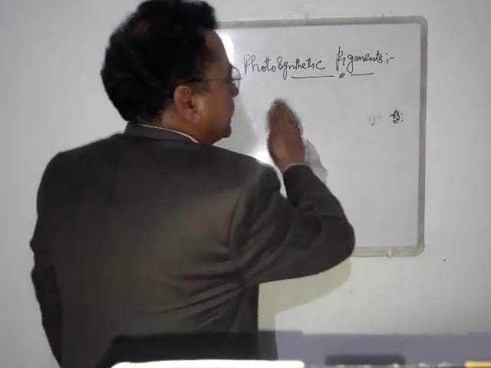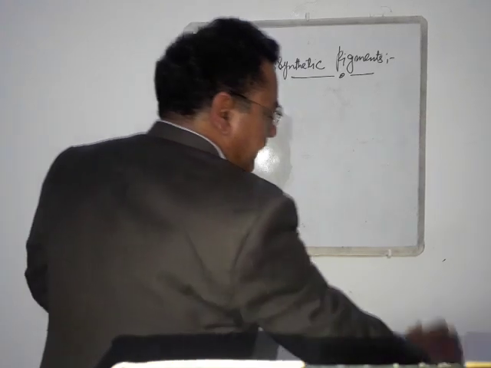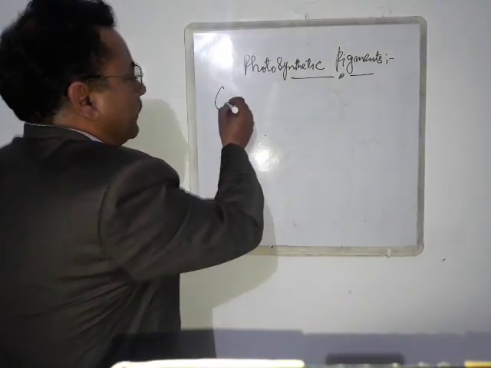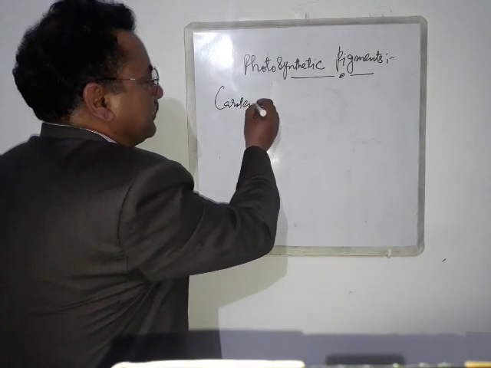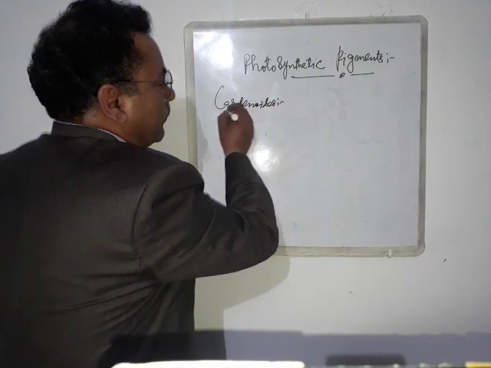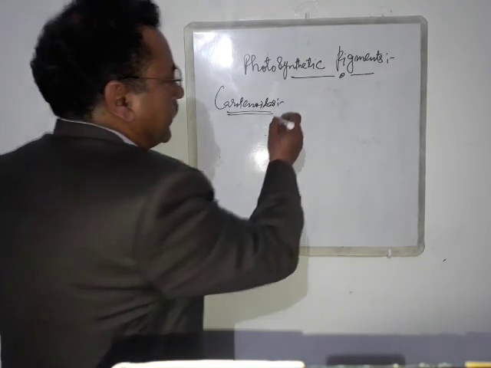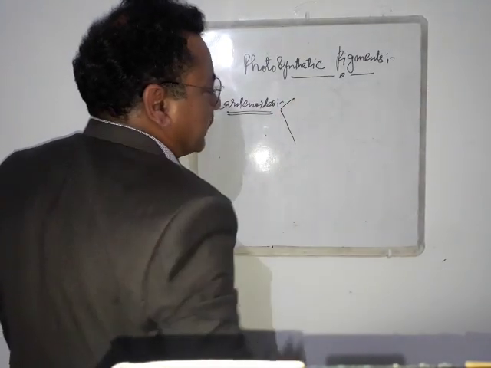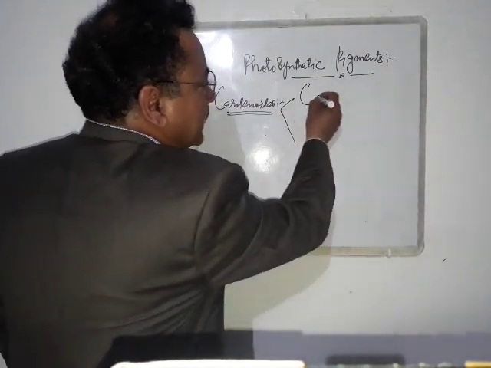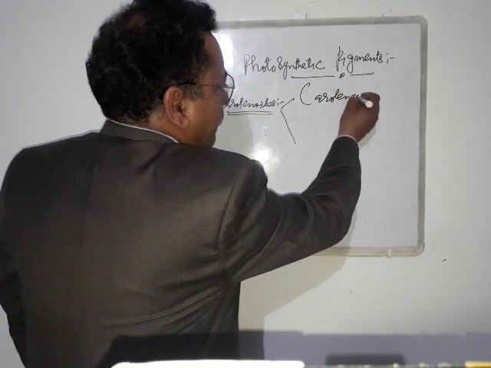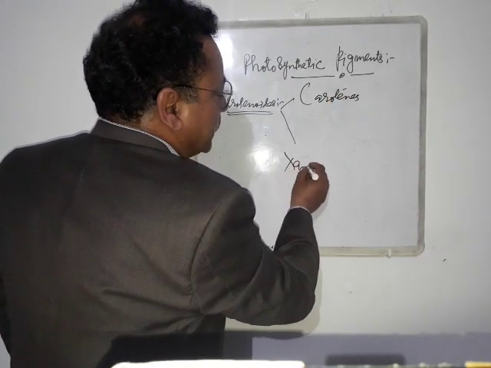After chlorophylls, the other type is carotenoids. As I told you that these are accessory or helping pigments, and these are further of two types. One type you call as carotenes, and the other type you call as xanthophylls.